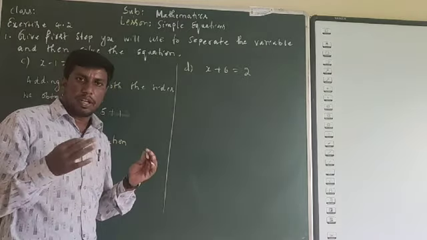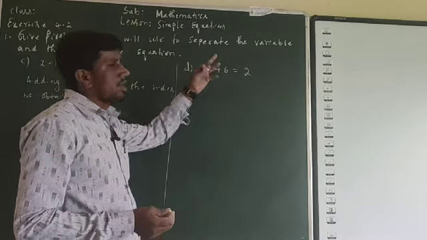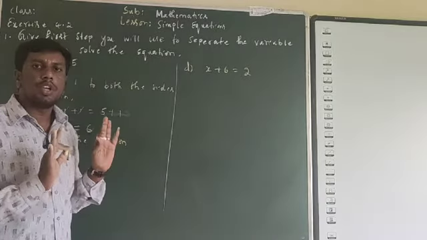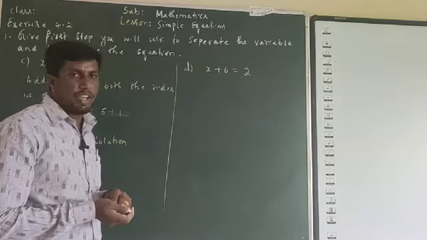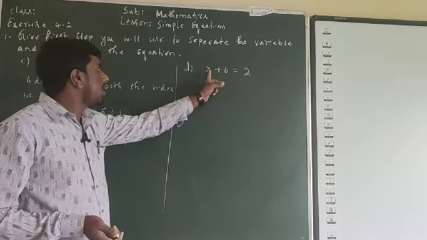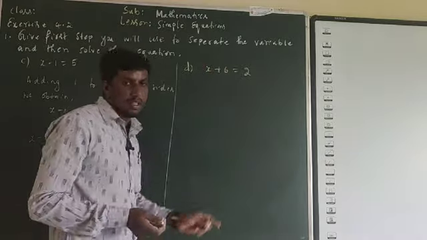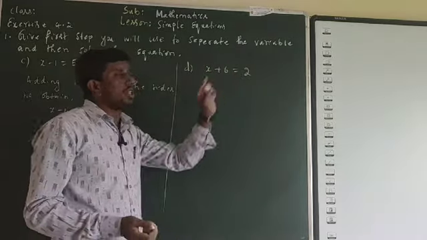In order to separate the variable, no value should be added with x or subtracted from x or multiplied with x or divided with x. I need to remove that. So what is the value with the variable? 6 is added. Look at that in the LHS. 6 is added with x. To remove that, I need to subtract 6 from both the sides.